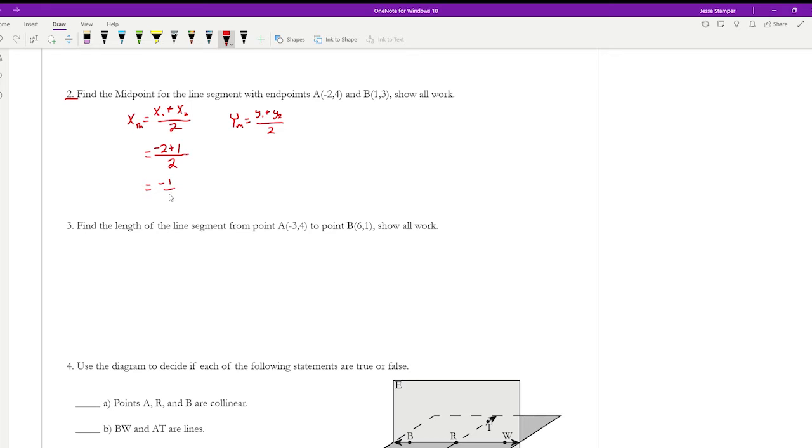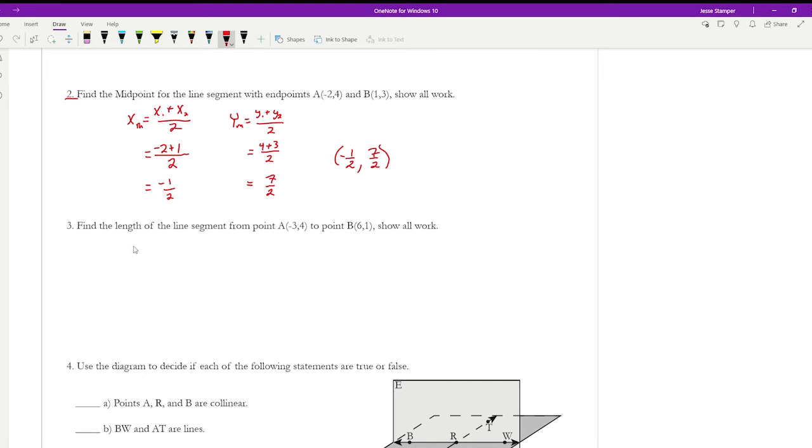That's our answer. For the y's, our y1 is 4. Our y2 is 3, and it's over 2. Well, 4 plus 3 is 7, so it's 7 over 2. So what I was looking for was just the negative 1/2, comma, 7/2. And that's really all there is to it.